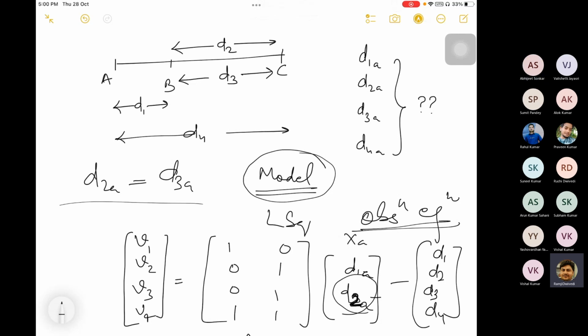Why would you go ahead with another extra variable? Clear? Should we end this? Yes, sir.